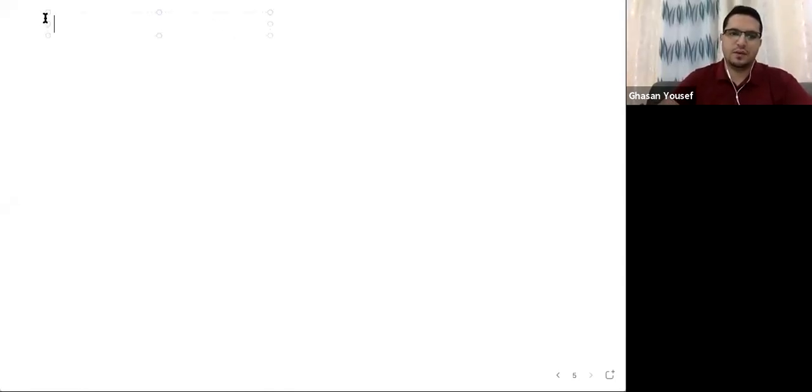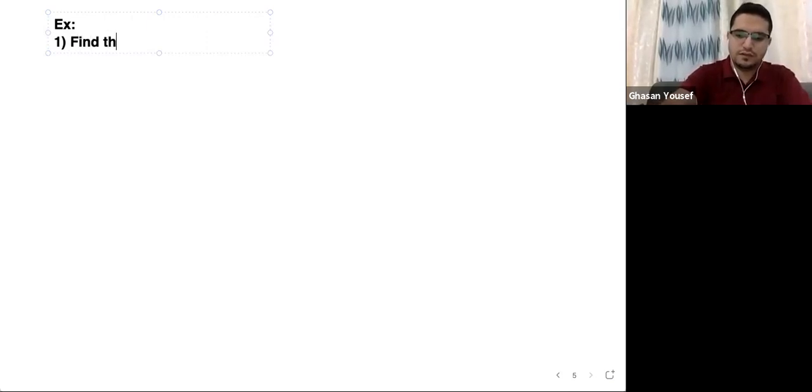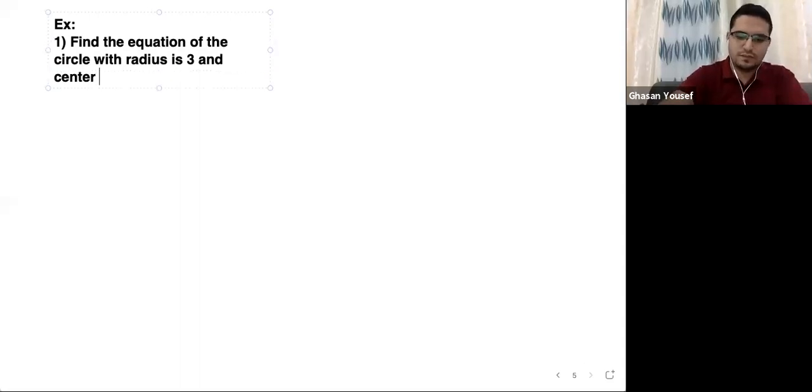So the question here now, example, number 1: find the equation of the circle with radius 3 and center (2, -5).